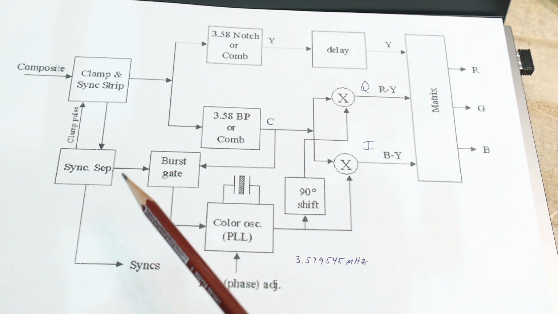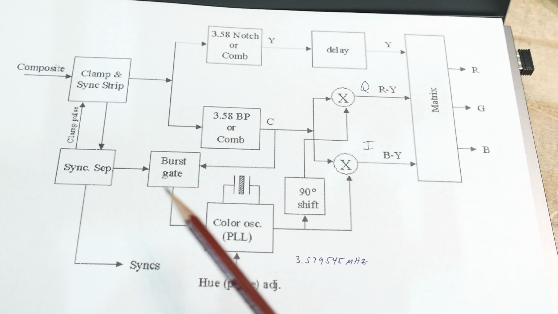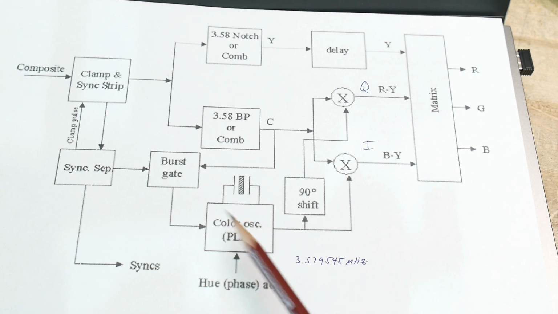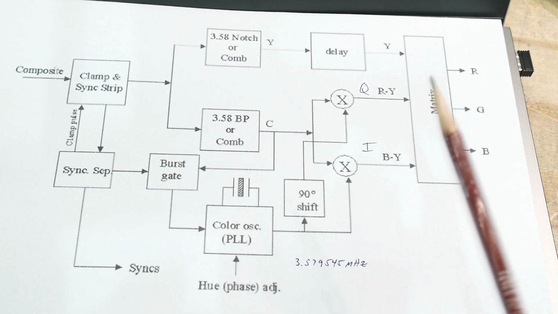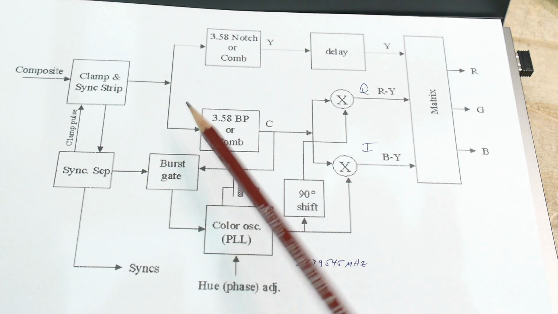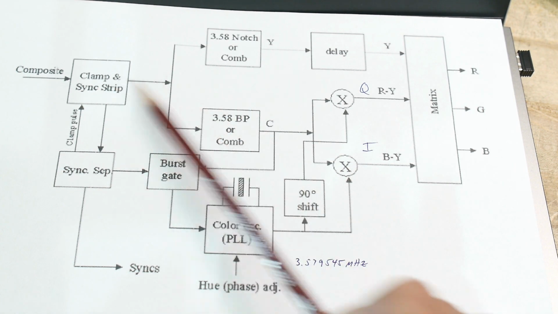I mean, you gate the signal right there, and then you run it into a phase lock loop. So this is the phase lock loop inside your television, and it is phase locked to this reference frequency. All right, and when you calibrate your TV, there's a little phase adjustment. You can go in there and tweak it, make your colors look good on your TV set. The rest of the signal goes this way, though, right?